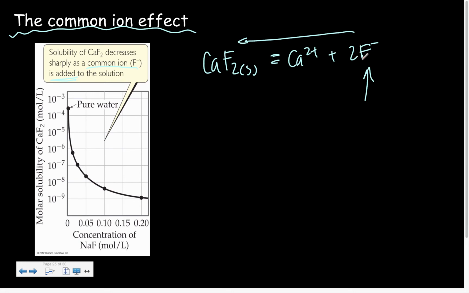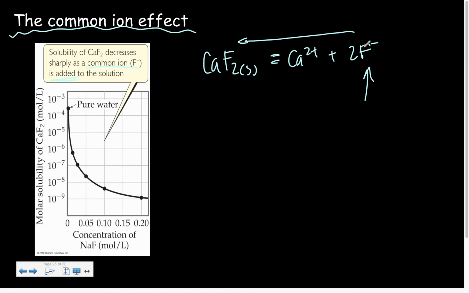Now, when we say that it's going to shift in this direction, specifically, this direction this time means forming CaF2 solid, which means that we're going to make more solid. We're going to form more precipitate, and it's going to decrease the overall amount of fluoride ion in the solution.